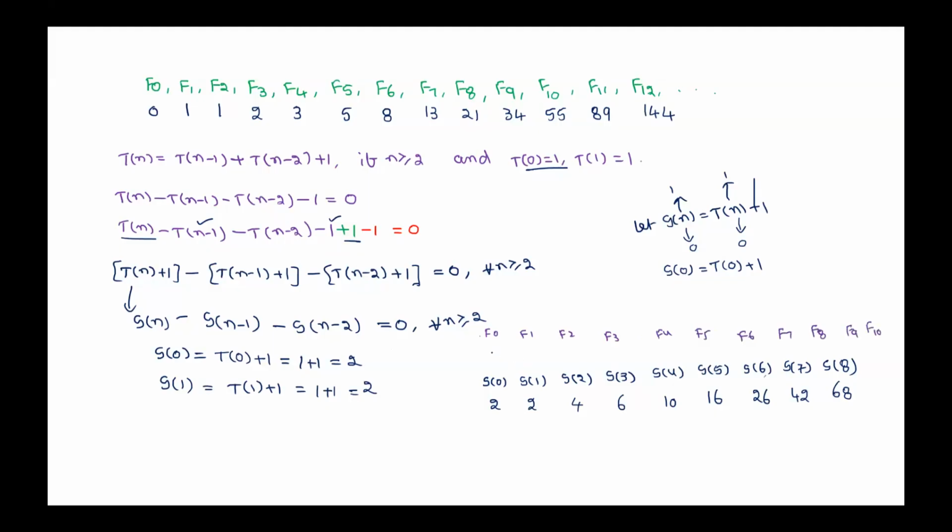What is F0? 0, 1, 1, 2, 3, 5, 8, 13, 21, 34, 55, like this.